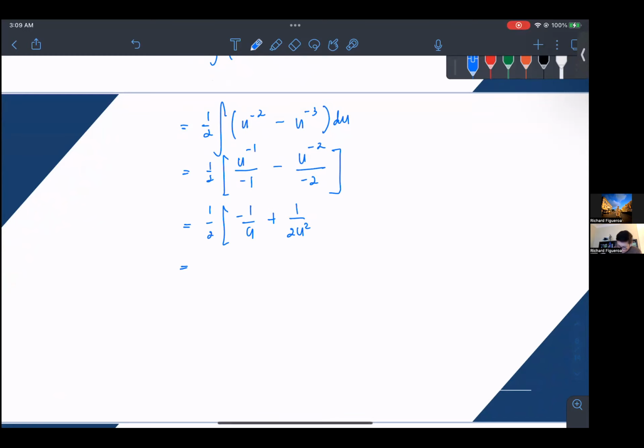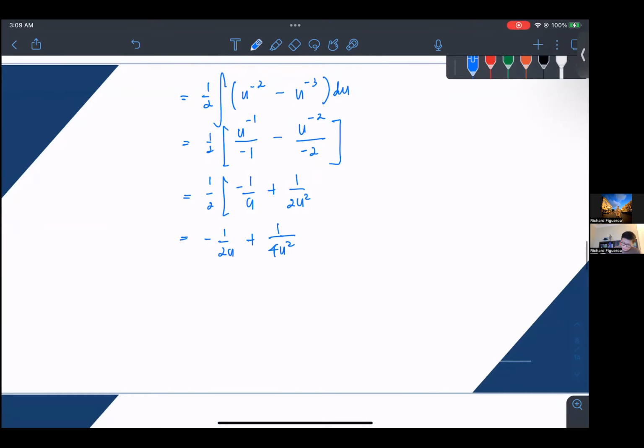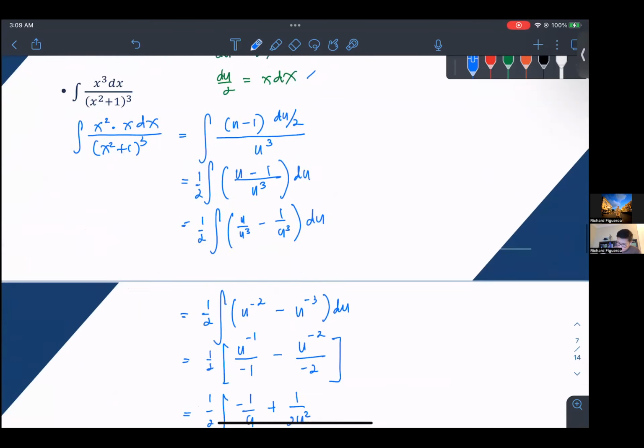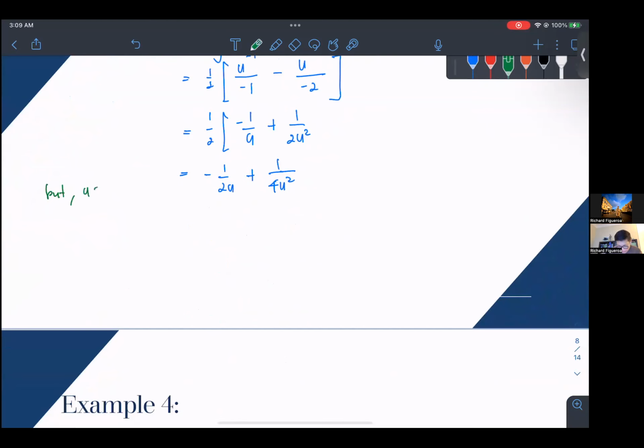And thus I'll have a negative 1 over 2u, and then a positive 1 all over 4u squared. And then what is u? U is x squared plus 1. So -1 all over 2, x squared plus 1, and plus 1 all over 4, x squared plus 1 squared. Let's see.